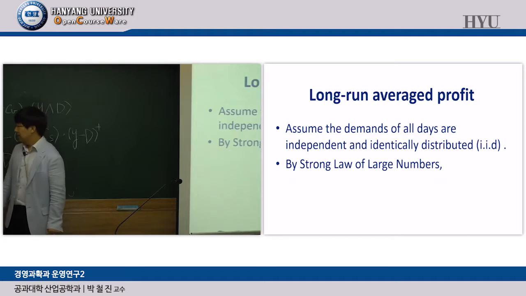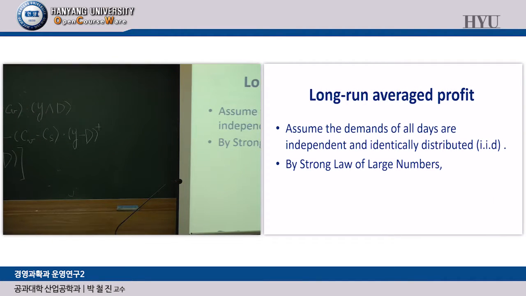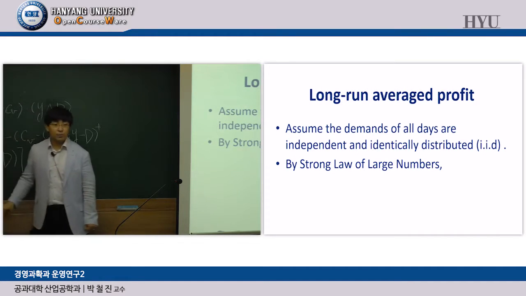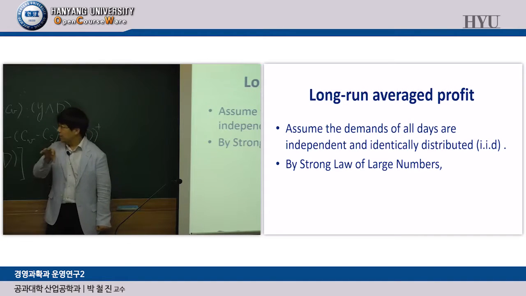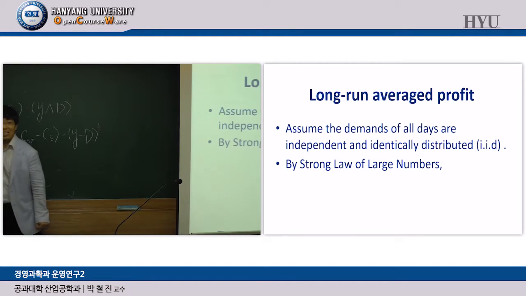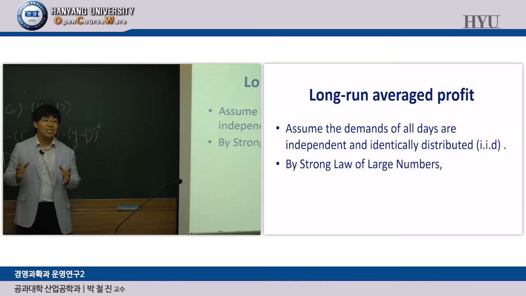Then, if we let n go to infinity, this converges to the expected value, because the random property of D does not change.